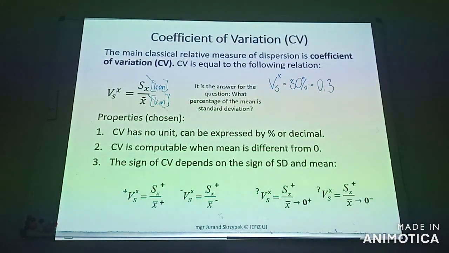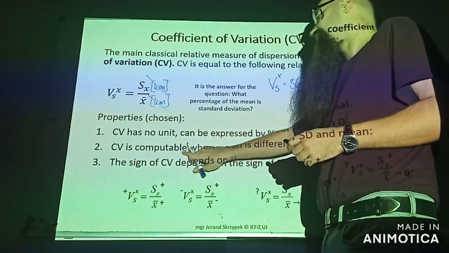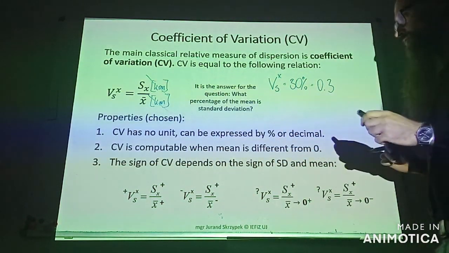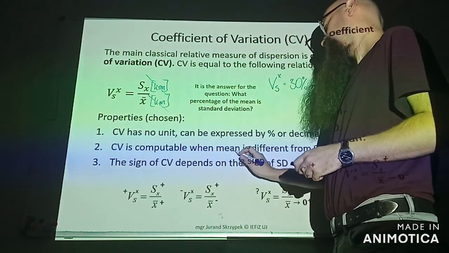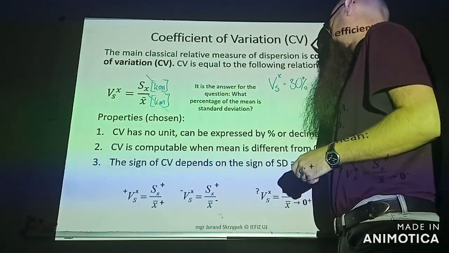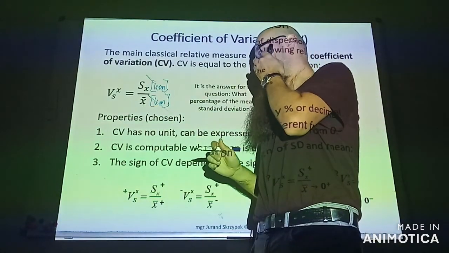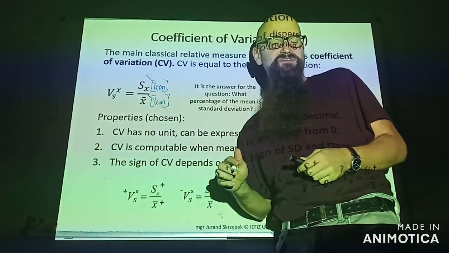And the next property is that the coefficient of variation is computable, of course, in the situation when the mean value is different from 0, because as you know, we can't divide by 0.